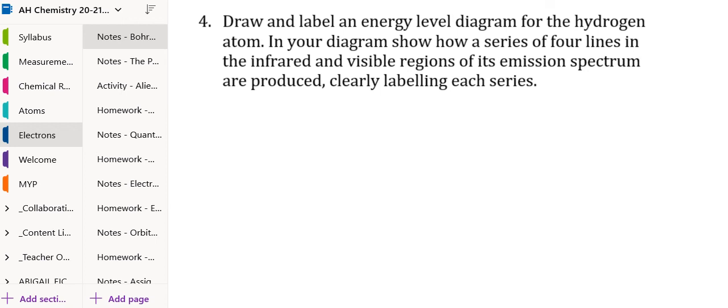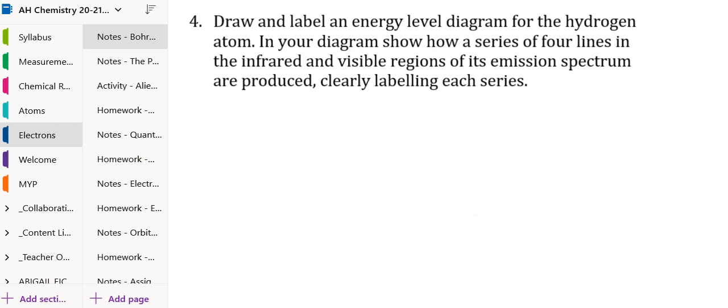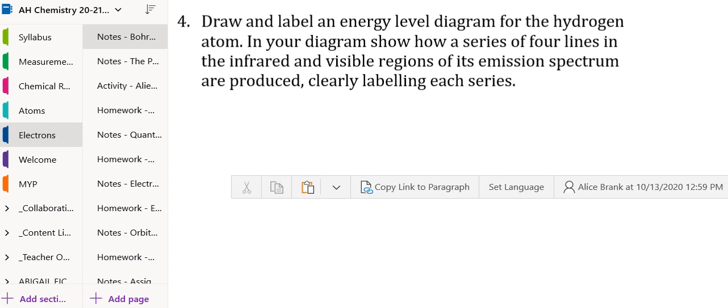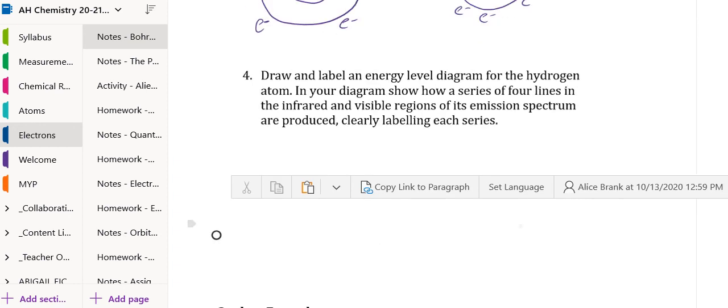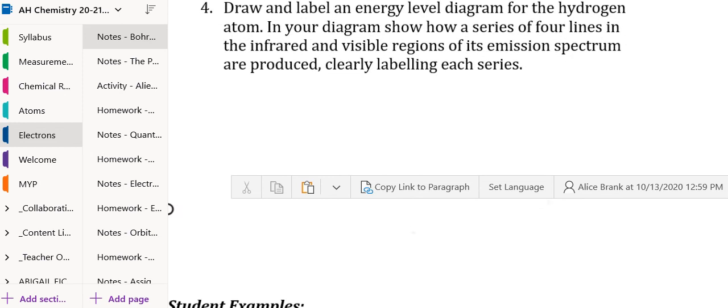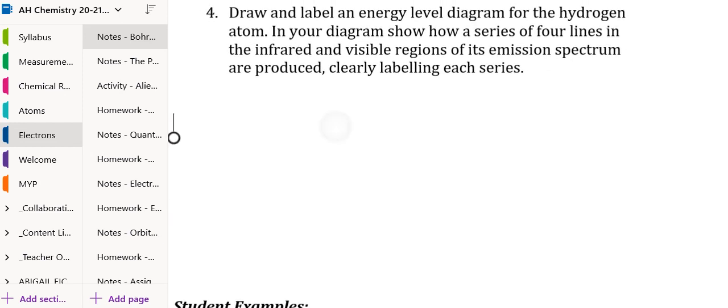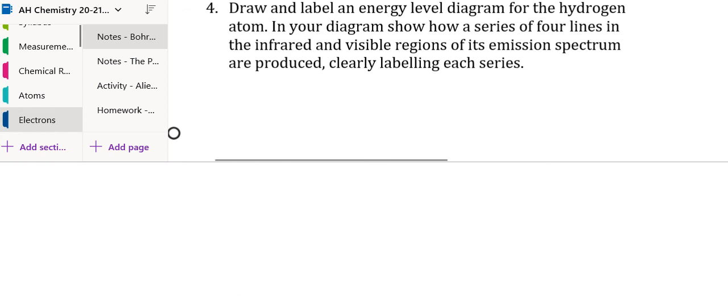So, this is a lot to dissect. When they say draw energy level diagrams, that means I need to draw those lines, right? And how do I draw those lines? What happens to them? They're going to get closer together as energy increases.